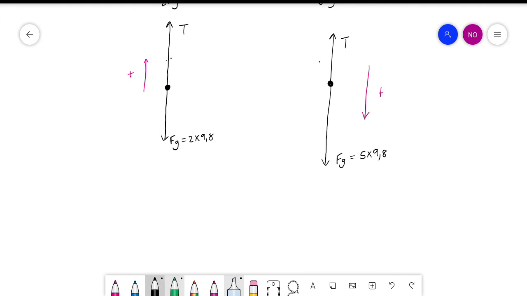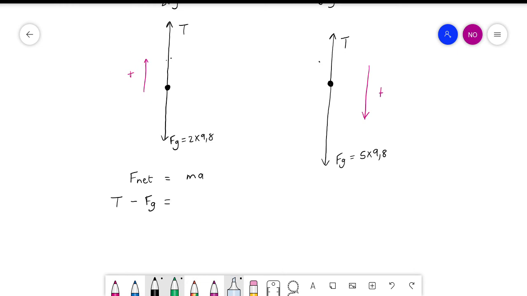So, what we do now is we set up two different equations. Albei van hulle gaan wees in terme van A en van T. Okay. So in hierdie een het ons F net is gelyk aan M mal A and F net is the sum of the vectors. So in other words, T is positive minus Fg and the mass of this box, wat is massa hierso? 2.